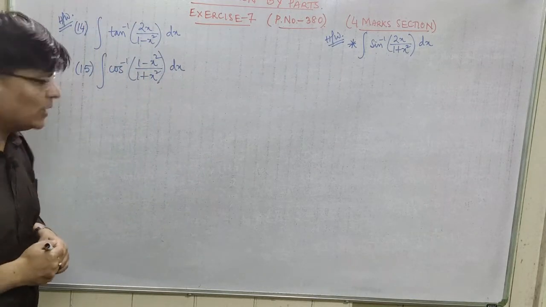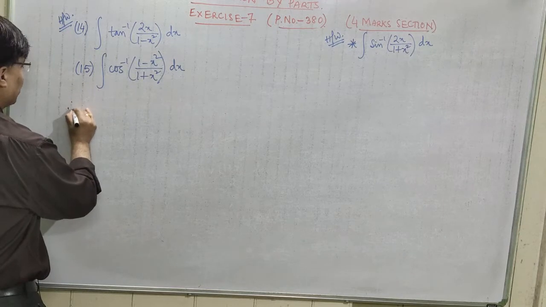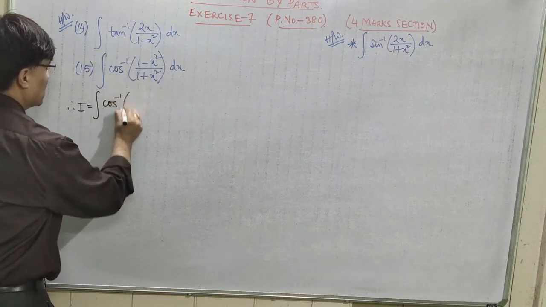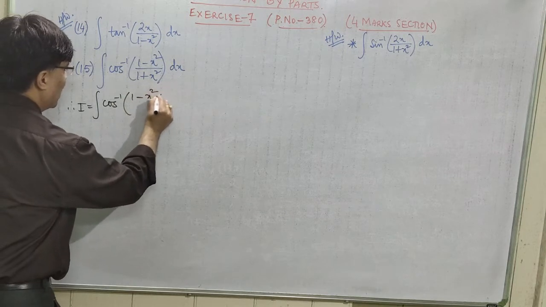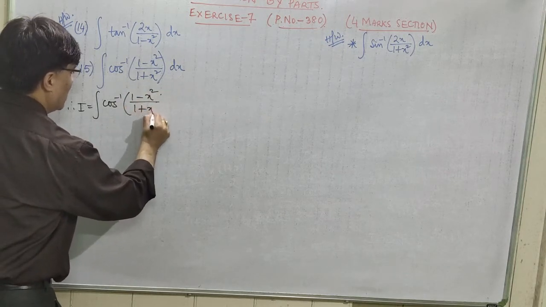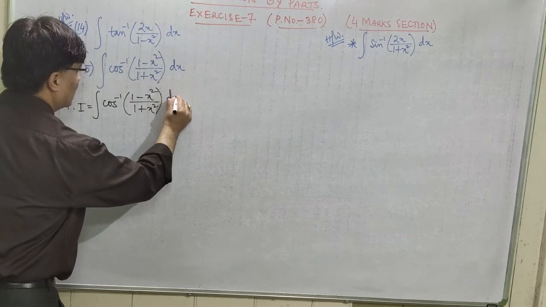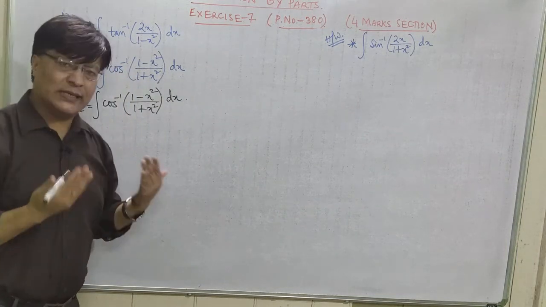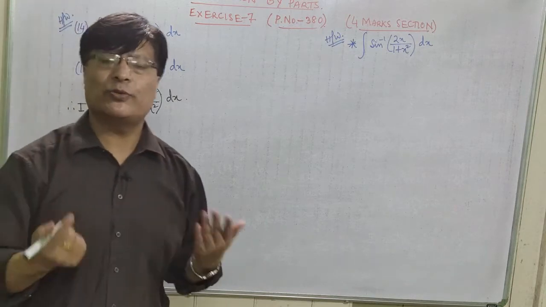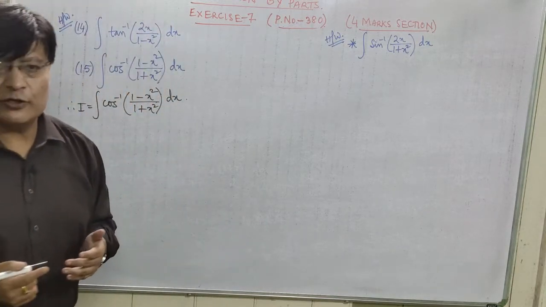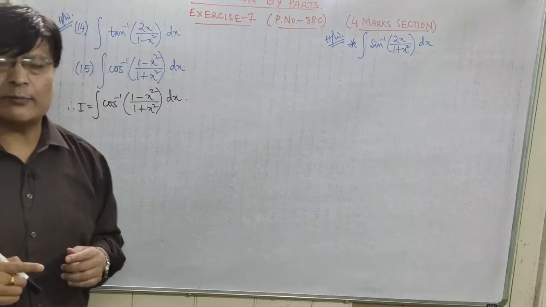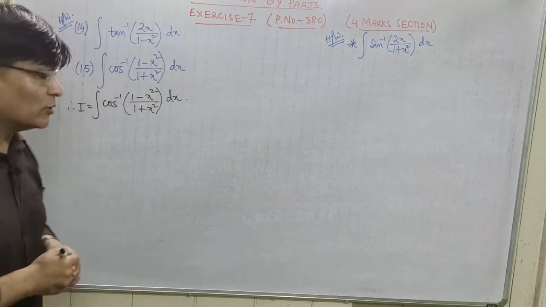Okay, so let us write here I is equal to integration of cos inverse within bracket (1 minus x square) upon (1 plus x square) then dx. In this case you can easily do trigonometric substitution because we have done inverse circular functions, isn't it? So how can you simplify it? Cos inverse (1 minus x square) upon (1 plus x square) by putting x is equal to tan theta.